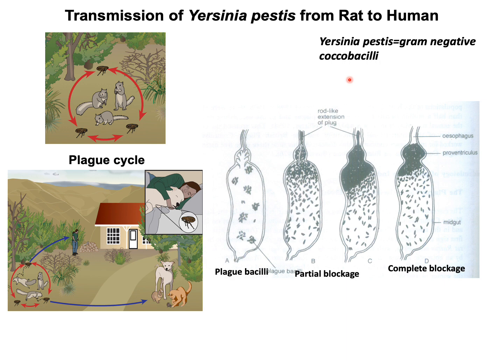And consequently, these maniac flea start depositing organism to different individuals. As a result, they are actually transmitting the Yersinia pestis from rat to human population, or one individual to another individual.